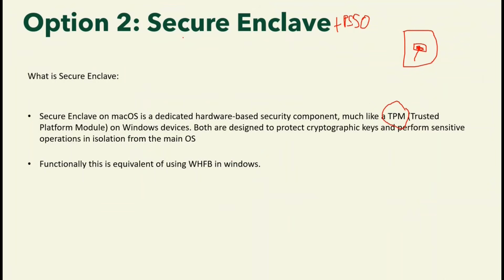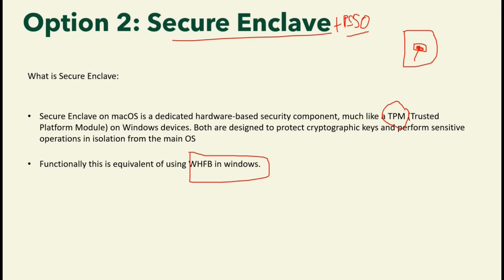If you're using platform single sign-on plus secure enclave, then this is equivalent to using Windows Hello for Business in a device. So the experience that you will get with platform single sign-on plus secure enclave is similar to what you would get with a Windows device which is Entra ID joined and which has Windows Hello for Business set up in it.